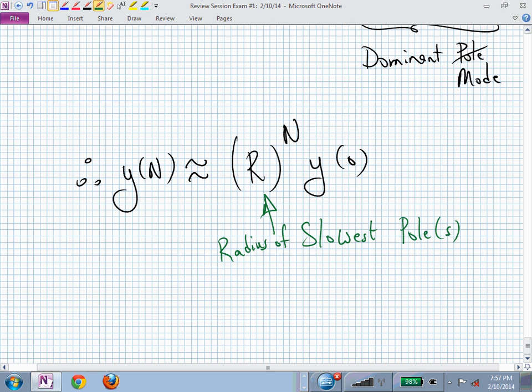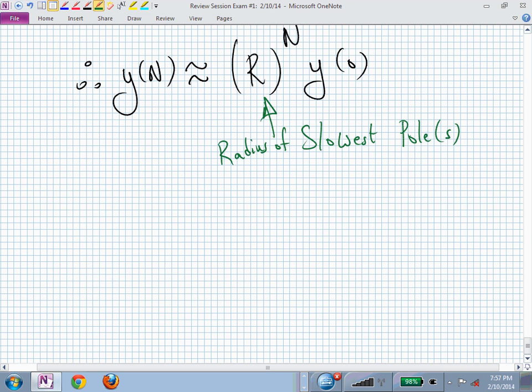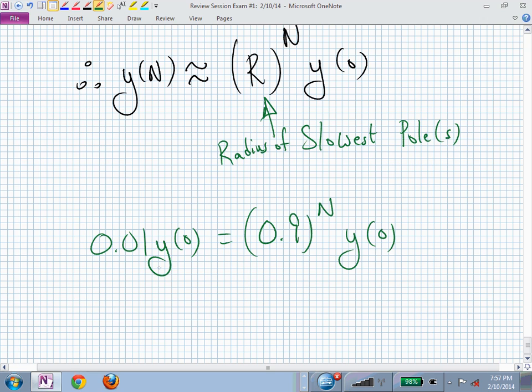In our case, we now can say, oh, we want the 1%. So y of n is 0.01 y of 0. That's equal to 0.9 to the n times y of 0. The y of 0, it really didn't matter where we started. As long as it was non-zero, we can divide it out.